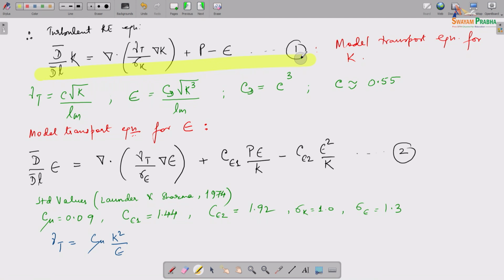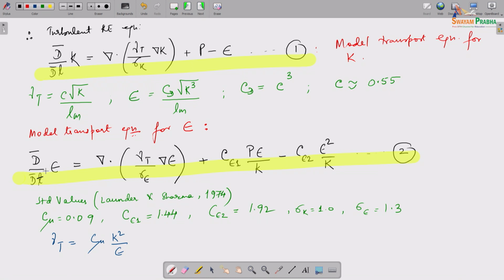This is the model transport equation for K, and this is the model transport equation for epsilon, right. So, these are the two equations which are solved in a K epsilon model, right, turbulence model, and I am sort of giving you brief ideas about what exactly we are doing, right.